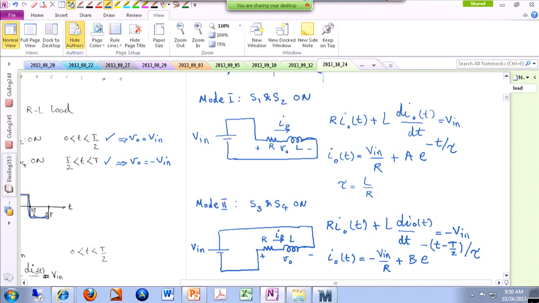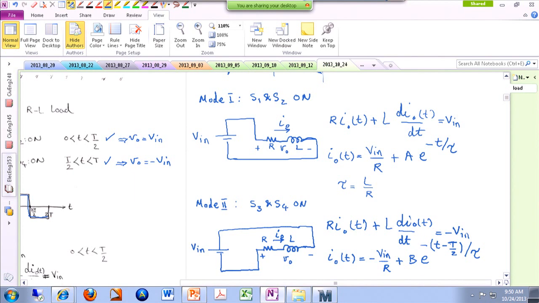Since this state is happening at time equal to T over 2, T being the switching period, everything is kind of shifted. The first one was happening at time equals 0, so there is no time shift in the first exponential term. And tau is the same, L over R.